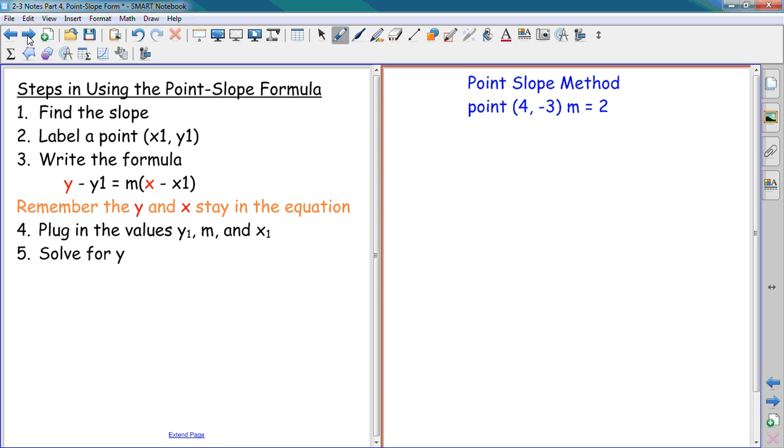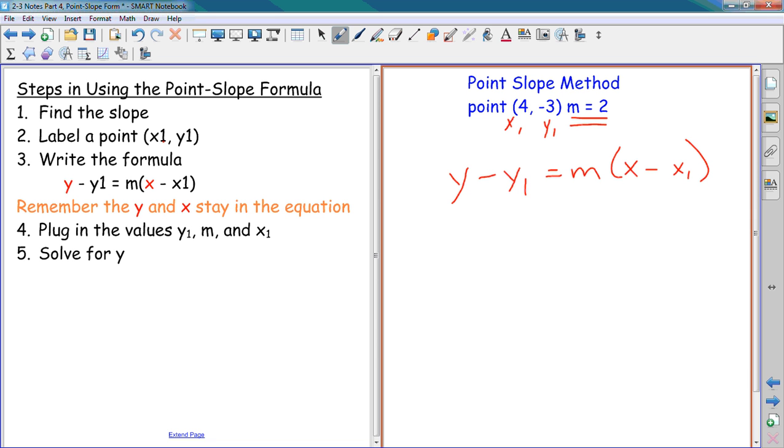Step 1, find the slope. Well, we're already given the slope, so we don't have to use m equals y2 minus y1 over x2 minus x1. Now, let's go to step 2. Label the point x1 and y1. So this is x1, this is y1. Then you're going to go ahead and write the formula: y minus y1 equals m times x minus x1.